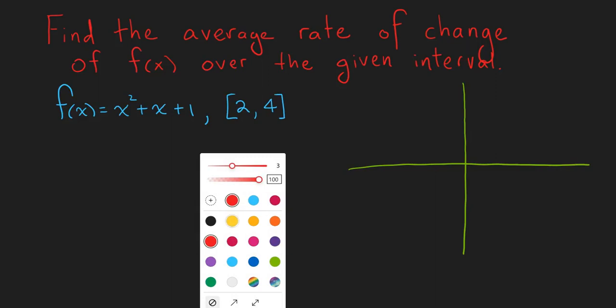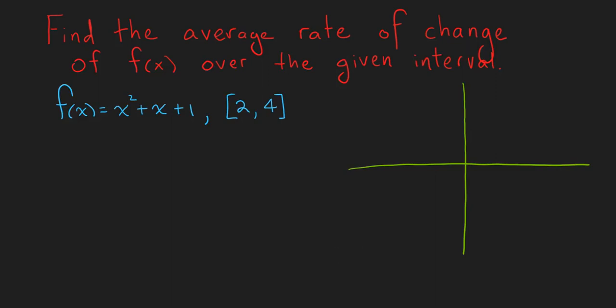Of course, we could figure it out by plotting a couple of points, but I'm just going to draw some ideal curve here for our scenario. So I'll draw that. And we have the point 2, so 1, 2, and then 3, 4. So we've got 2 and 4, and this is the x-axis and the y-axis.